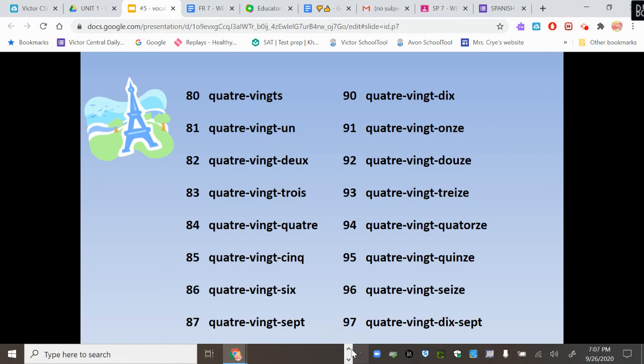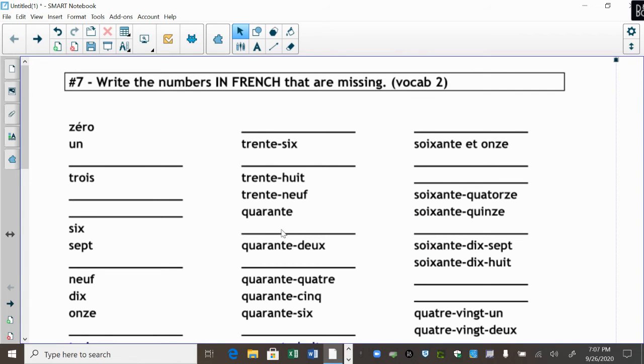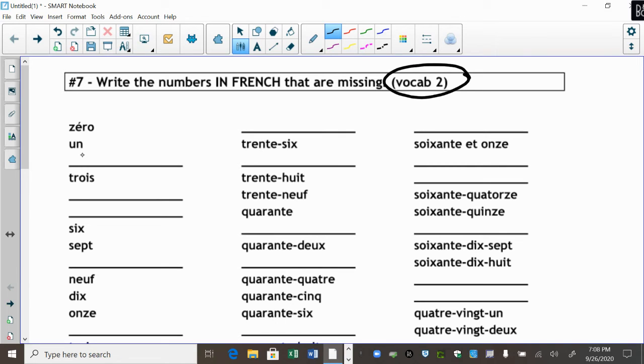So going to look at the homework, we have pages 7 through 9. So all you need to do is write the missing number. So you can use your vocab 2, which has all of the numbers there. Oh, I just got to press the little marker there. So there's vocab 2. You're all in order. So 0, and then you just write in with your handwriting.